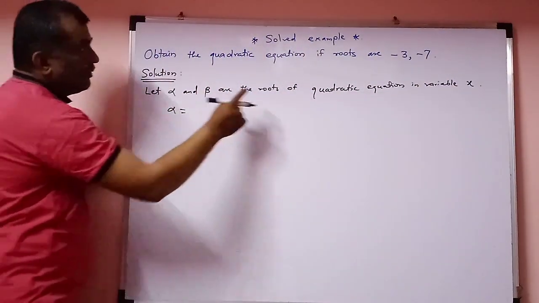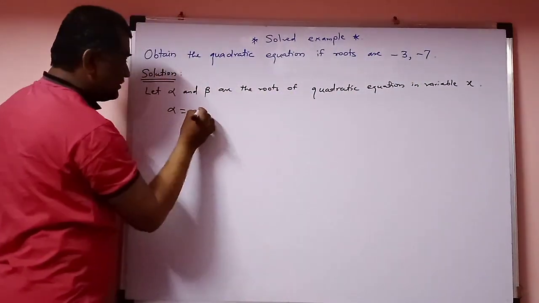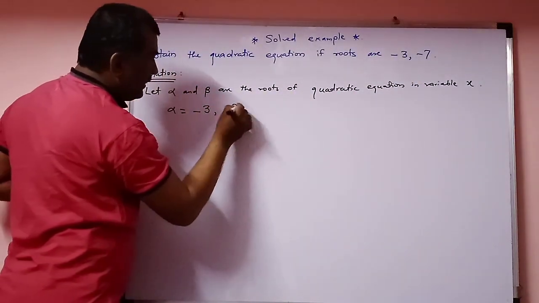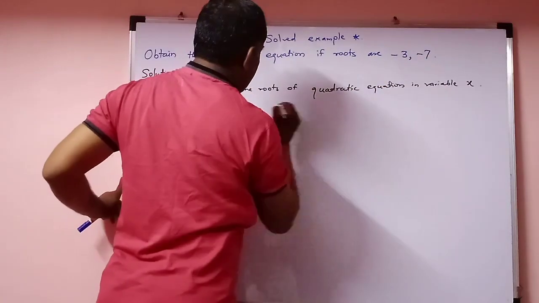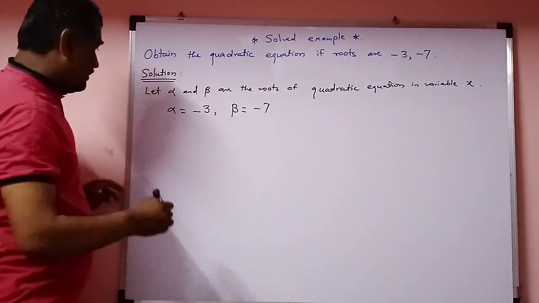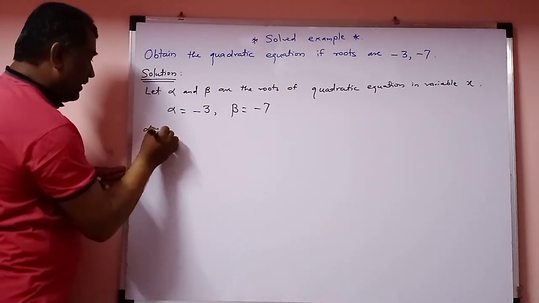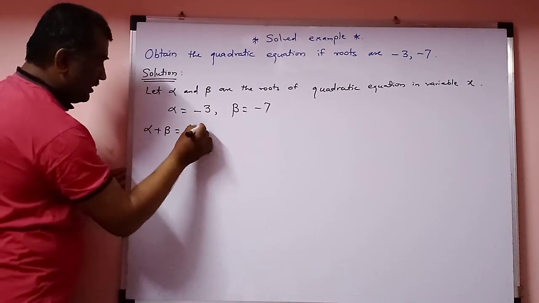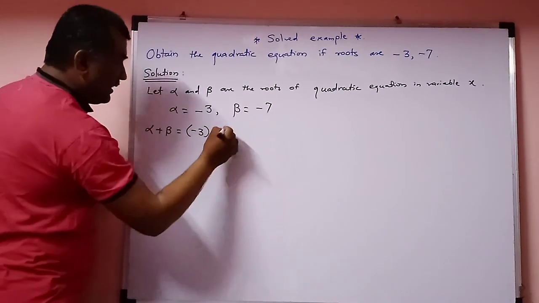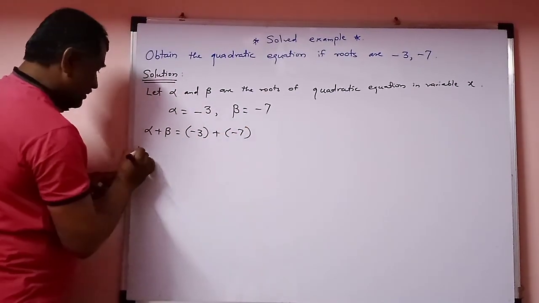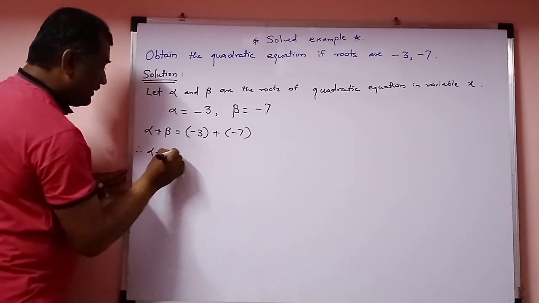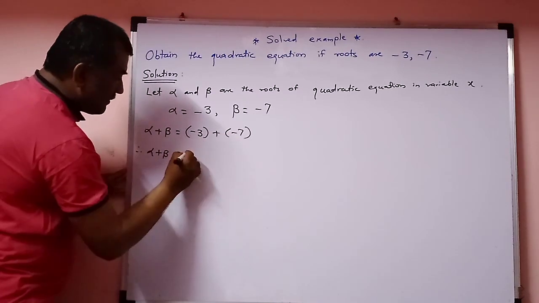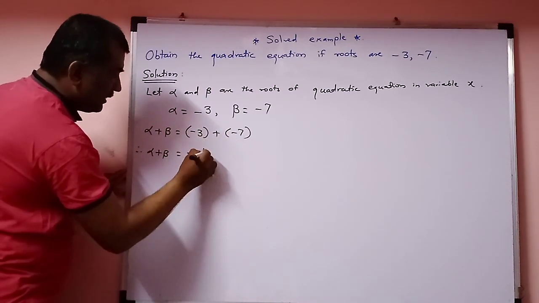Alpha is equal to minus 3 and beta is equal to minus 7. First find the value of alpha plus beta is equal to value of alpha, minus 3, plus value of beta, minus 7. Therefore alpha plus beta is equal to minus 10.